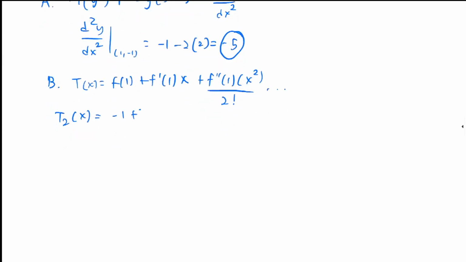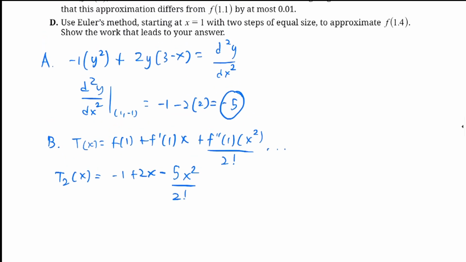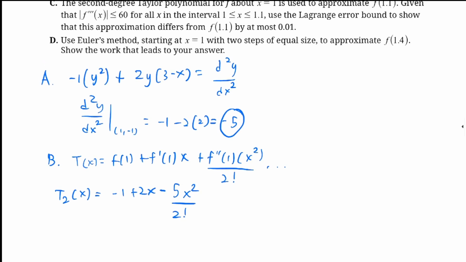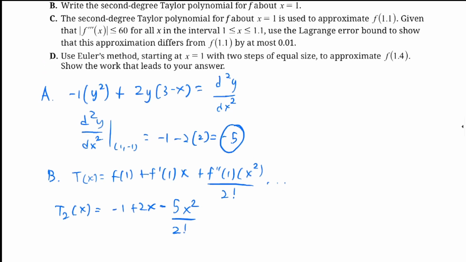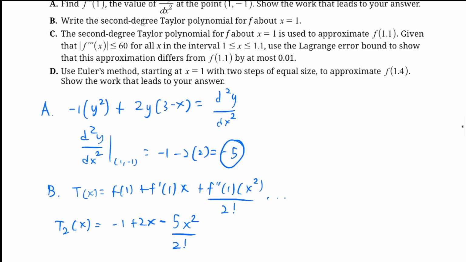So it'll be plus 2(x - 1). Then we'll have the second derivative, -5, times (x - 1) squared over 2 factorial, and there's your second degree Taylor polynomial. And we got this -5 from here.